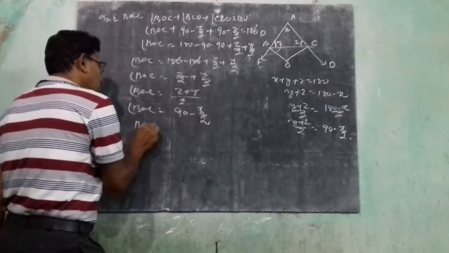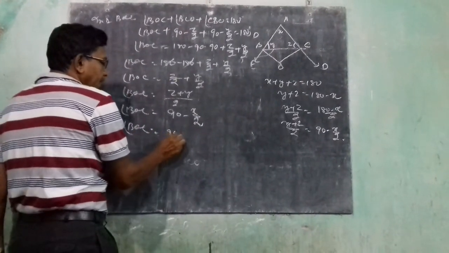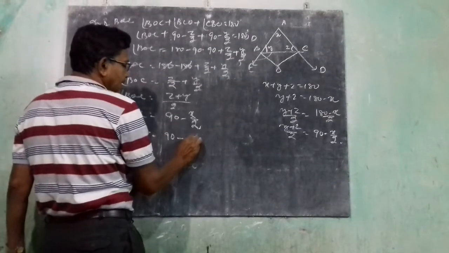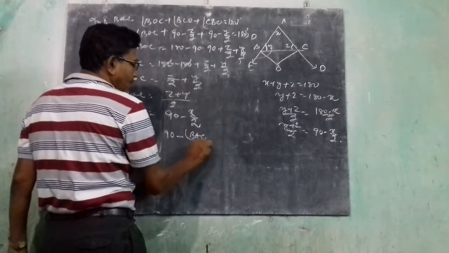So BOC equals y plus z by 2, and in its place we put 90 minus x by 2. So angle BOC equals 90 minus half of angle BAC.